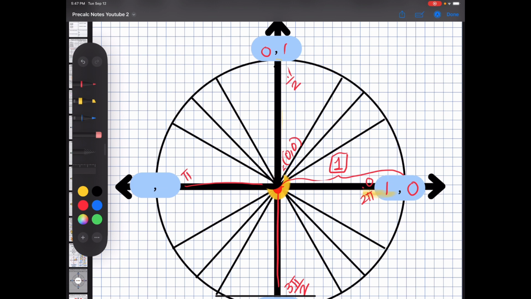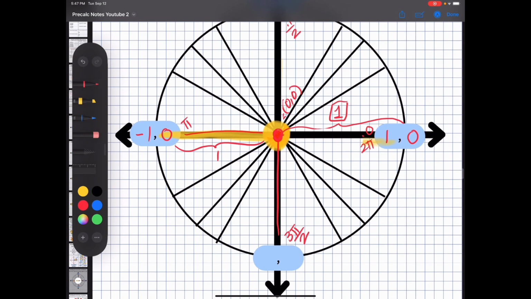Okay. Now let's figure out my coordinate at pi. I start at 0, 0, right? That's where I'm starting. And instead of going to the right on the positive x-axis, I have to go to the left. And going to the left, is that positive or negative? Going to the left is negative, and I'm going to go a distance of 1. And I'm not moving up or down, right?